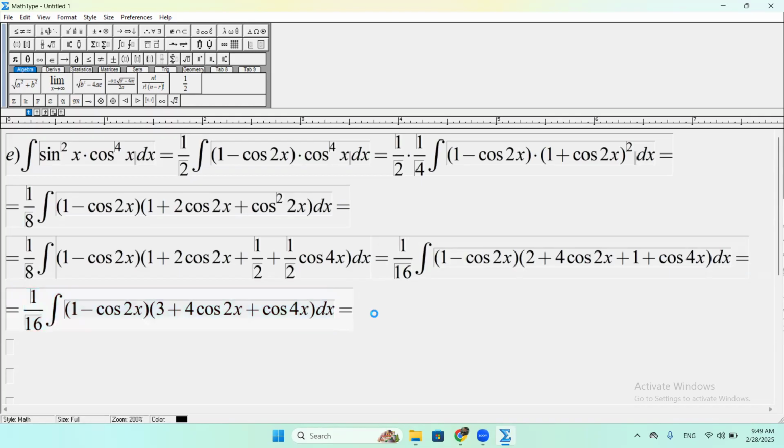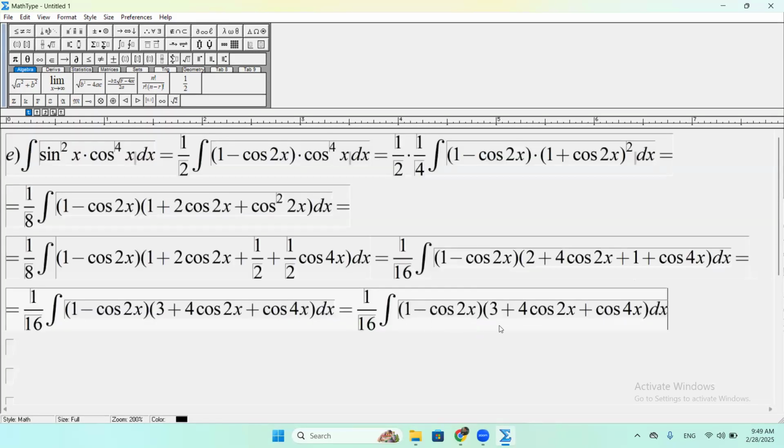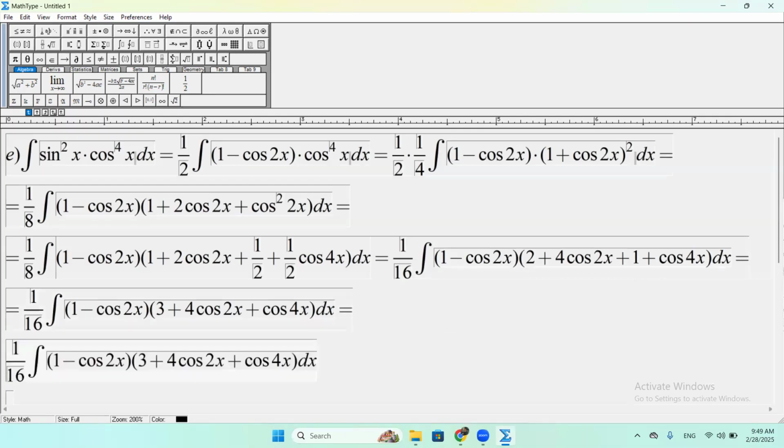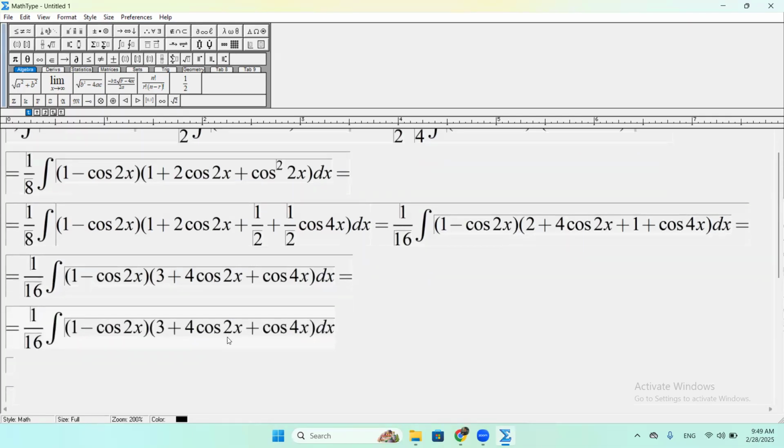So no, we will not skip any steps. Moving to the next line because there are a lot of actions.